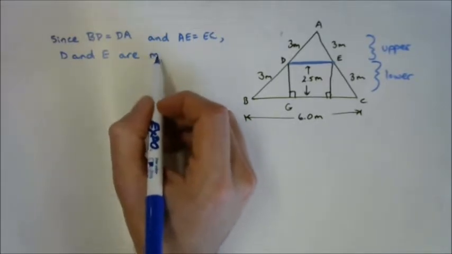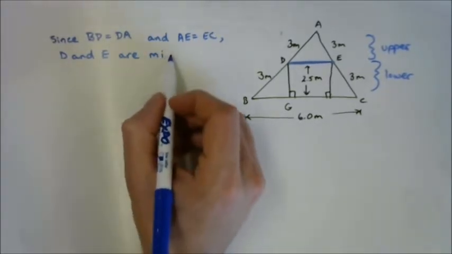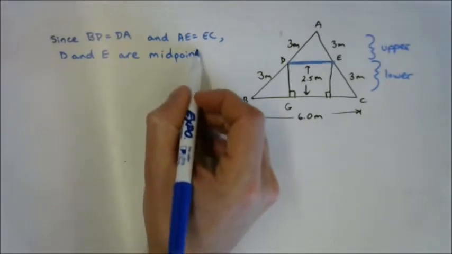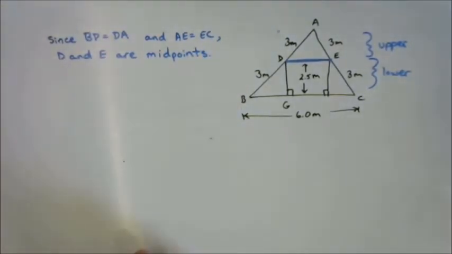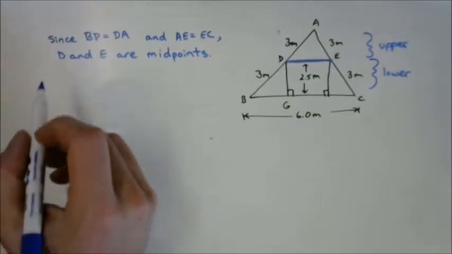They are midpoints. Good, okay, we need to explain our reasoning for things. Alright, so from the properties of midpoints of the sides of triangles, DE must be half the length of BC.